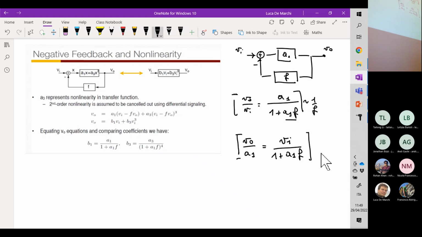Another interesting aspect is that if we look at V out here, then here we have V out over A1. And V out over A1 is also given by Vi minus F times V out.